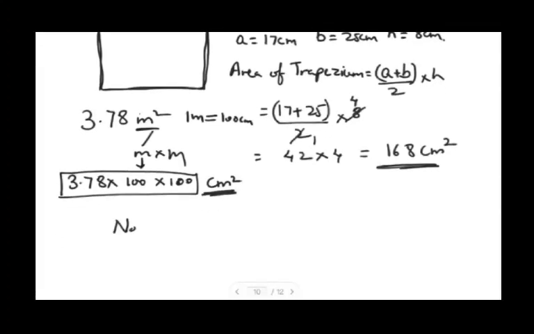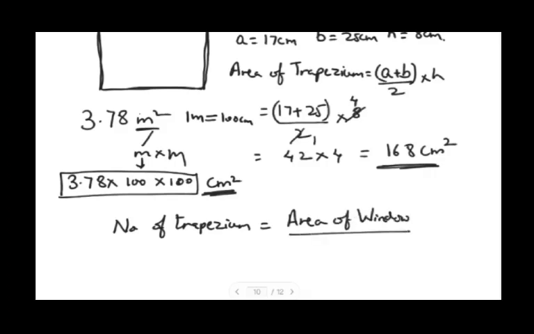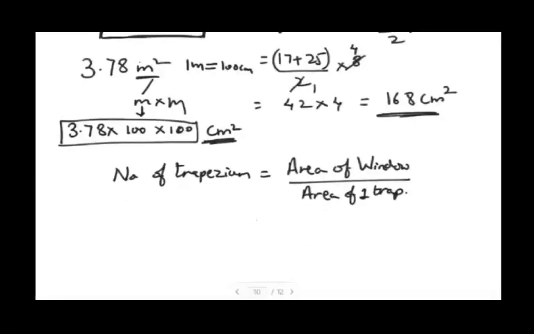So how many number of trapezium? How will we find that out? By dividing the area of the window upon the area of one trapezium. Writing it in short form, children.